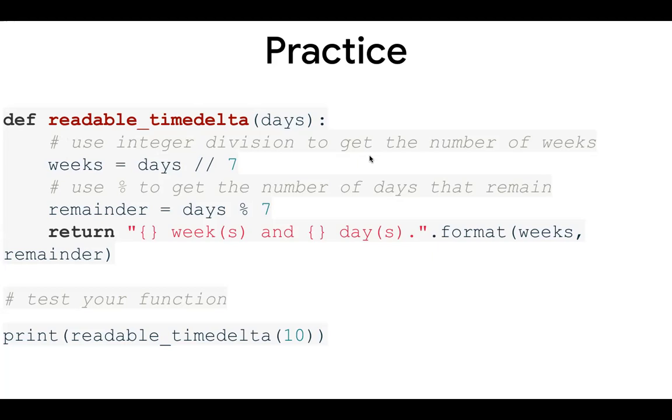And we calculate the number of days using the modulo sign. And then we return the string using the format method. We define here words that are constant, weeks and days, and put square brackets where we want to put our variables, weeks and remainder.